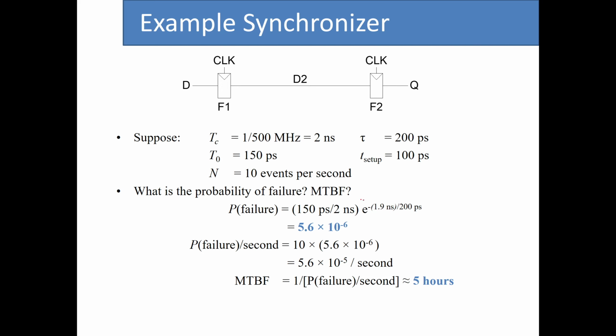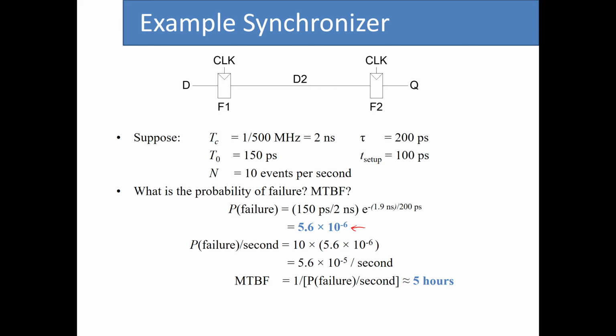If I calculate this, what I get as the probability of failure for each event is 5.6 multiplied by 10 to the power negative 6. As you can see, this value is very, very small. It is in the order of several millionths.